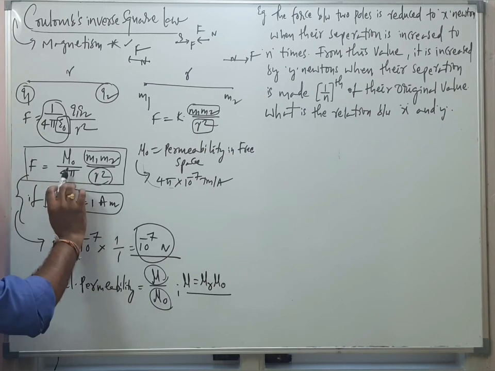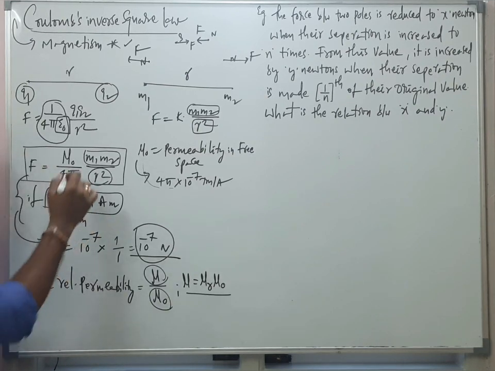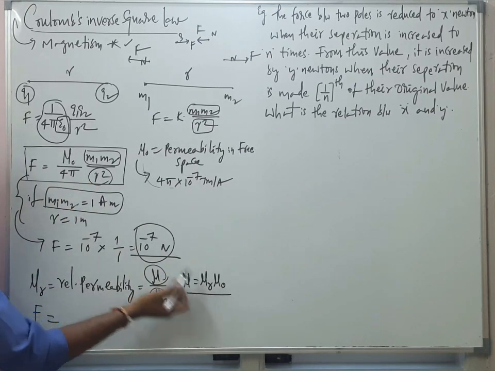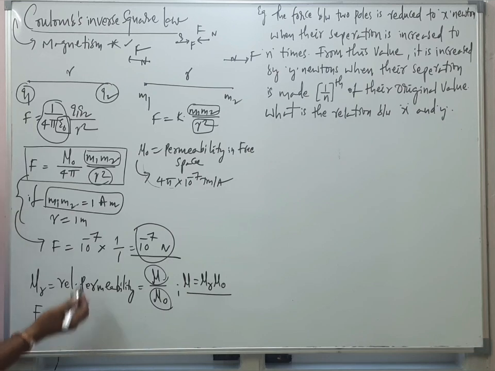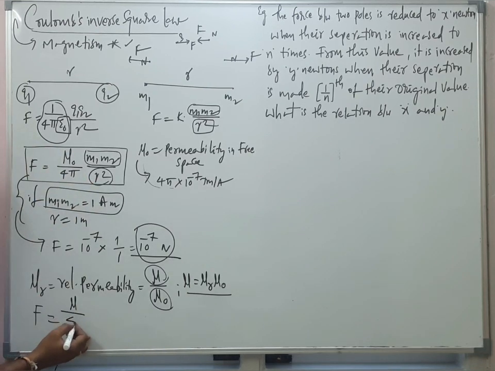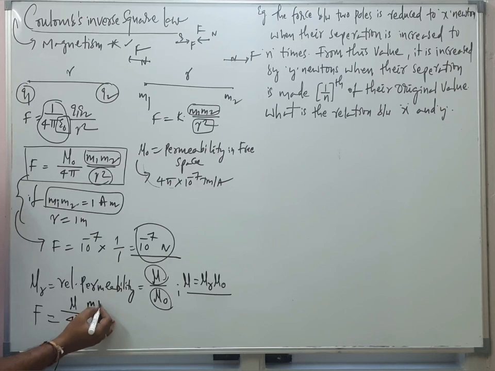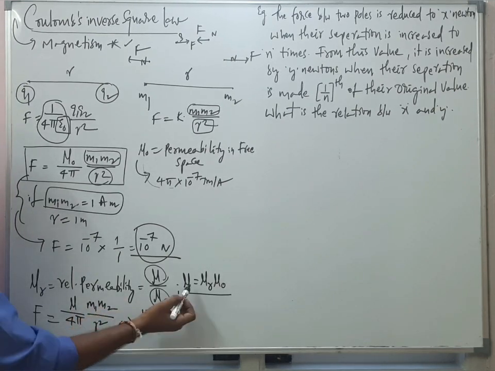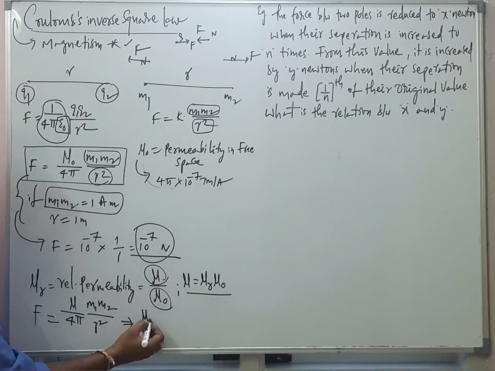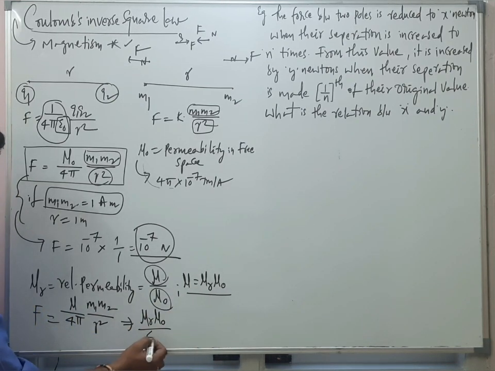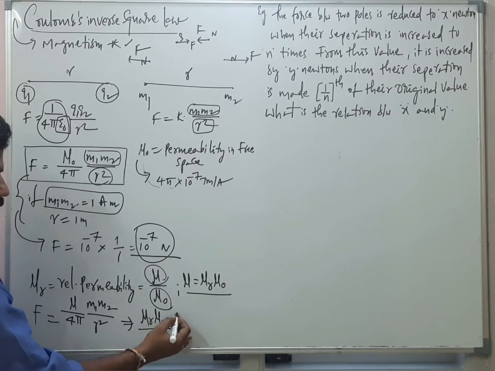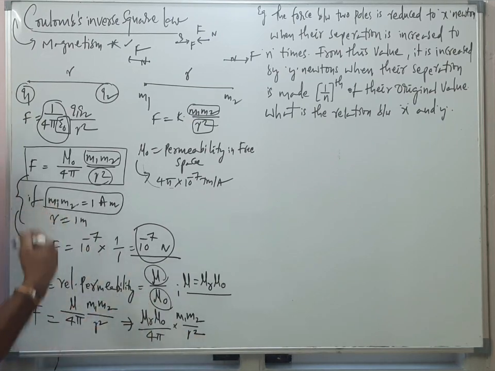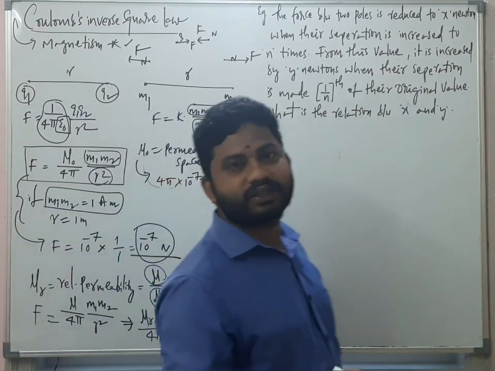The same force of interaction between two poles in a medium you can write in this way: F is equal to mu by 4 pi into M1 M2 by R square, because in place of mu naught I write mu for a medium. So with mu equal to mu R into mu naught, F is equal to mu R mu naught divided by 4 pi into M1 M2 by R square. In a medium you get the expression in this way.